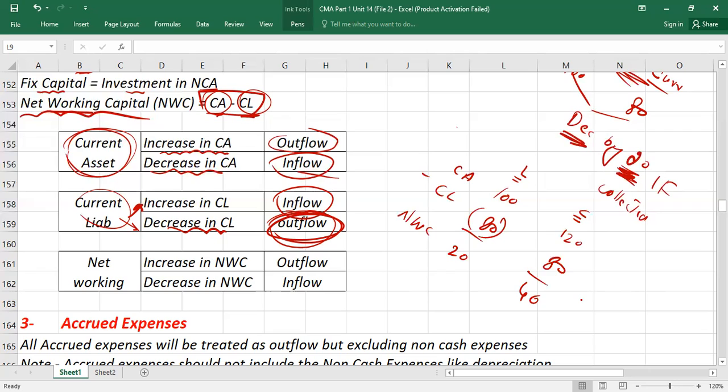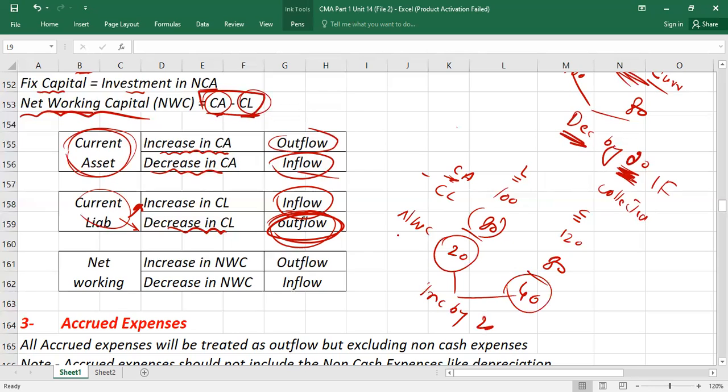So if you do not want to apply the current asset and current liability rules separately, you can work with net working capital also. But in net working capital, please remember, in the current assets don't include cash and cash equivalents. Other than that, take it. So we have net working capital, for example, last year 20, this year 40. So it has increased by 20.